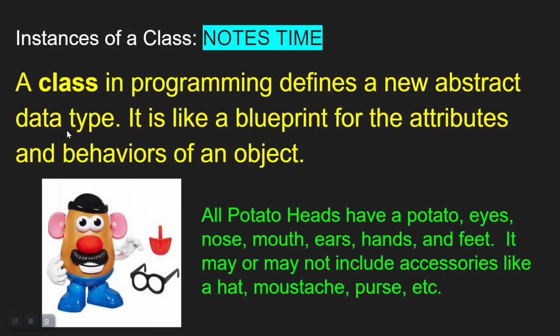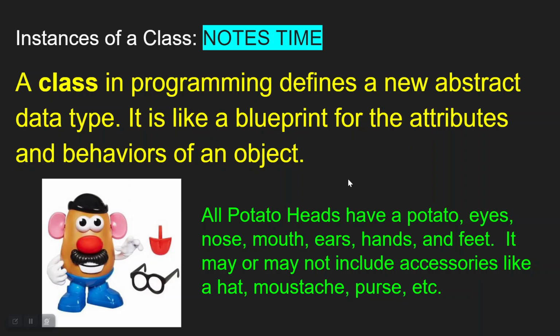You can actually create your own data type by creating a class. And when you write a class file, what you are creating is essentially a blueprint for the attributes and the behaviors of whatever object you are trying to simulate in your Java program.